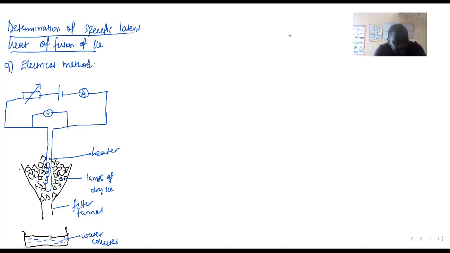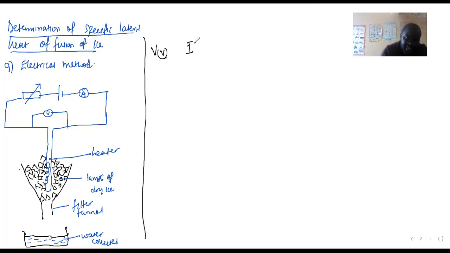The results are then tabulated, and if they are tabulated, we can include values like voltage, V. We can also include values like current I, in amperes. We can also include mass in kgs. Then we can also get the rate of mass flow, mass per time.